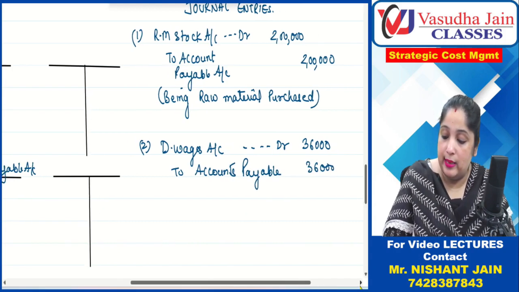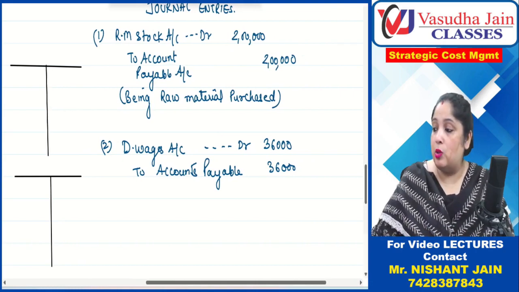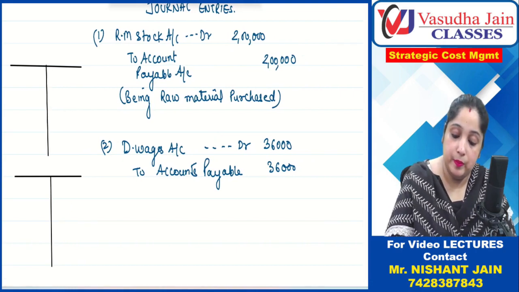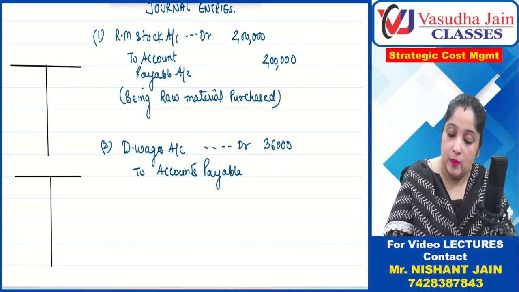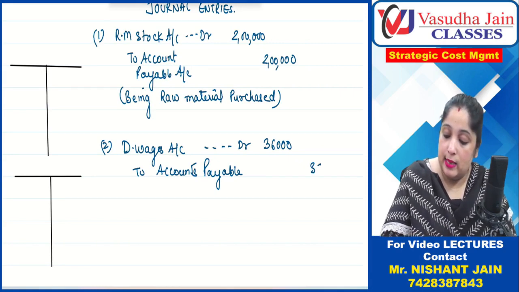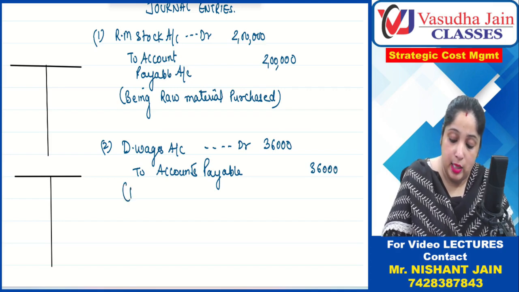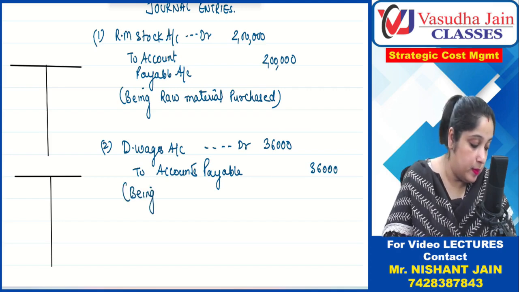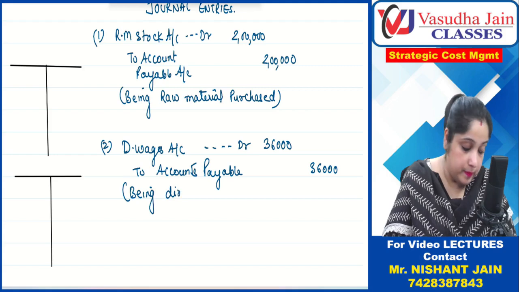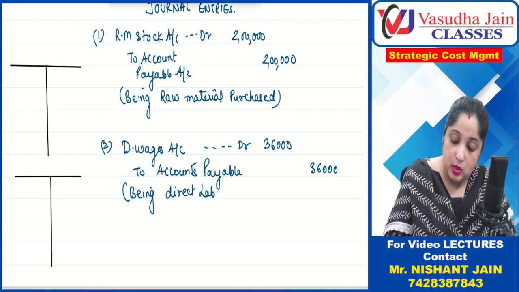Let me write it on the credit side. You can prepare a column also here. 36,000. Let's write a narration also. Being direct labor cost incurred.